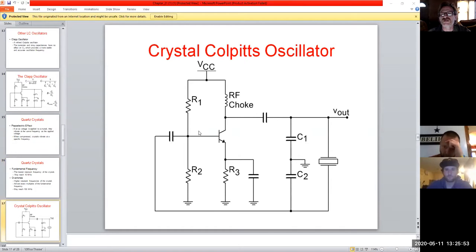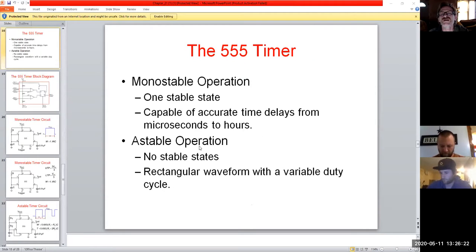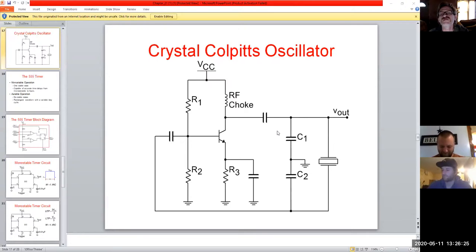And that's what this symbol right here is. That is a crystal. So we still set up the circuitry to apply our given voltages across this thing. And basically at the heart of this all, we have a quartz crystal that's going to vibrate at a particular frequency that we desire. And we would just buy that right off the shelf and plop it right into the circuit, and it would be extremely stable.